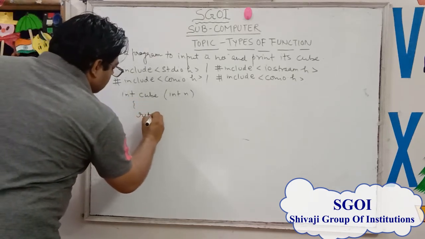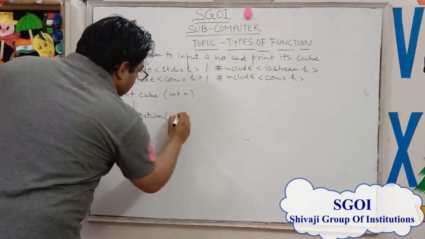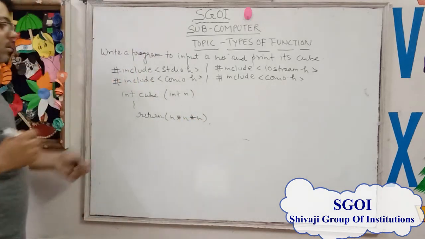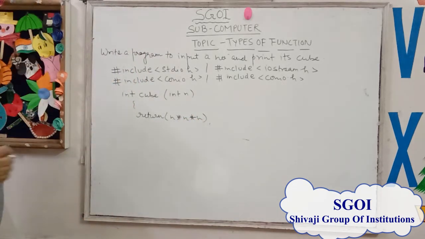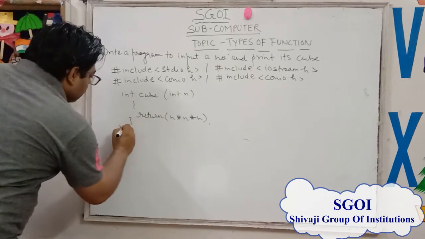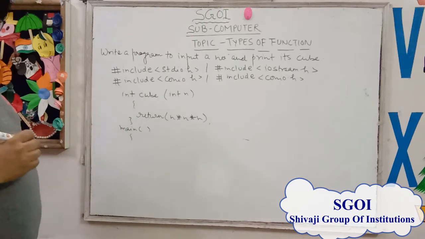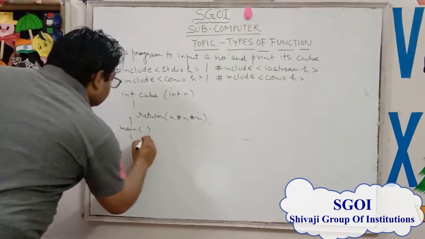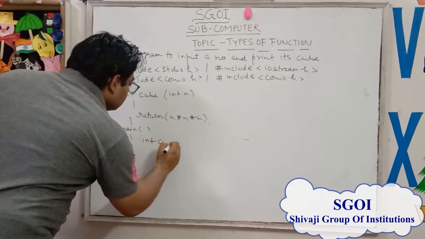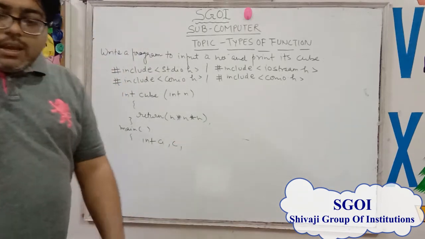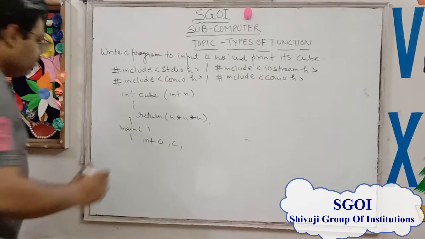Then we return n into n into n, which is the cube of the number. Then we write main. After that, firstly we declare two variables, that is a and c.